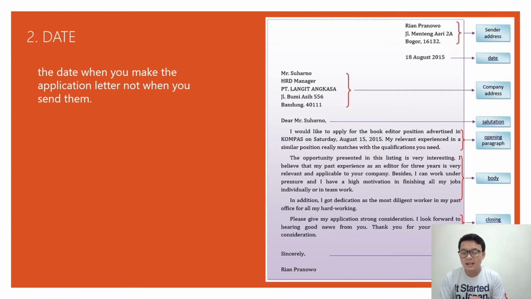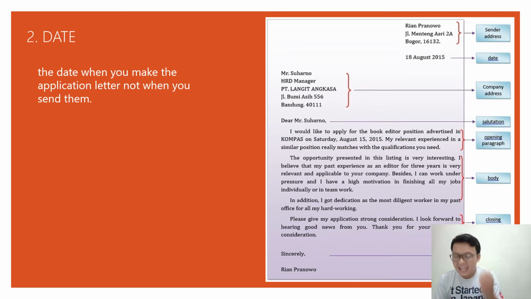Remember, the date is when you make the application letter, not when you send it. For example, you write the application letter on 18 August, then you send the application letter the next day, on 19 August. So you need to write the date as 18 August instead of 19 August. Why?